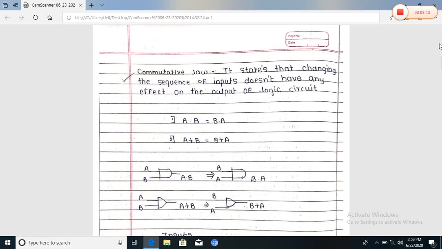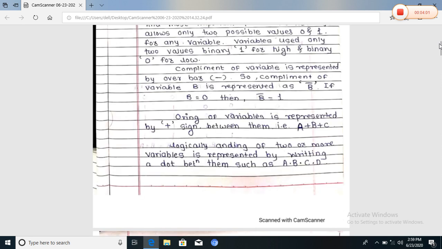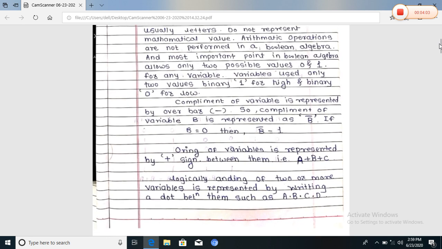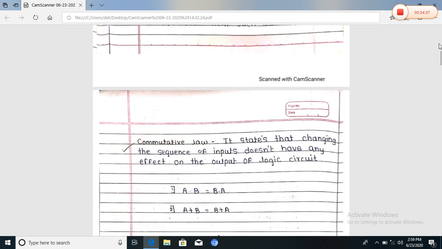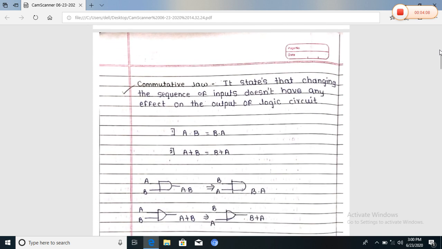Multiplication performs the AND gate, so we use an AND gate in the diagram. With a as the first input and b as the second input, the output is a into b, which is equal to b into a. For b into a, b is given as the first input and a as the second. Changing the sequence of inputs does not have an effect on the output of the logic circuit.